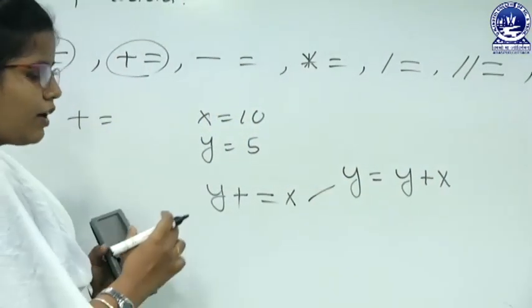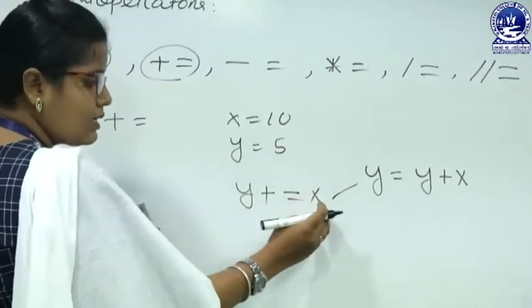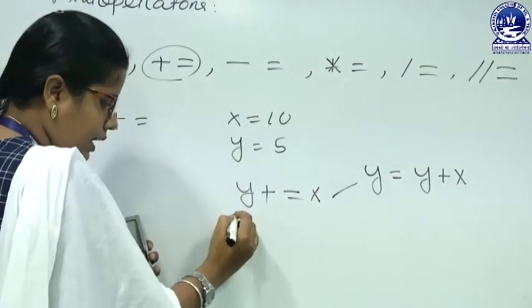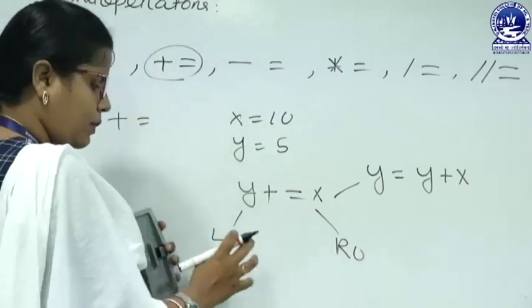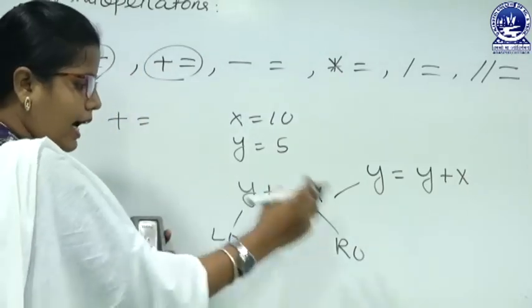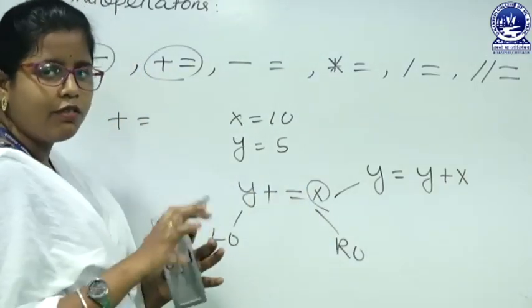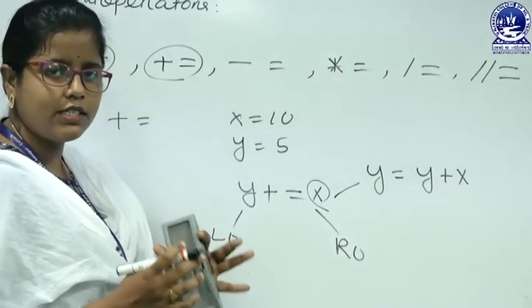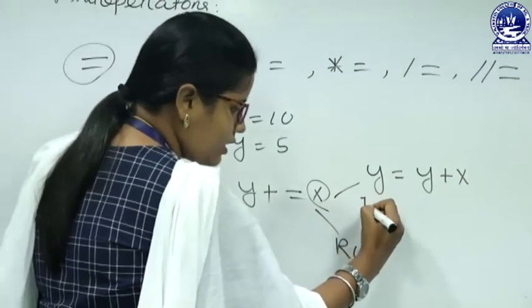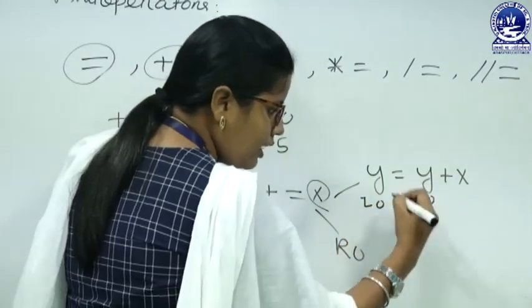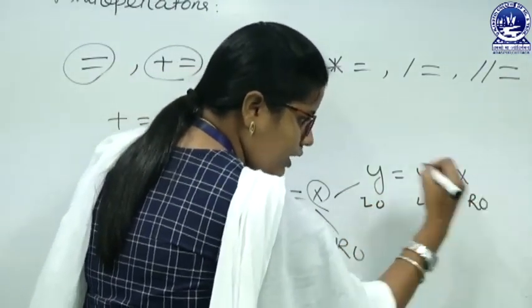This is our left operand, this is our right operand. The left operand will be added with the right operand, and the result will be stored in the left operand. That means here it is the left operand, it is also the left operand, and it is also the right operand.